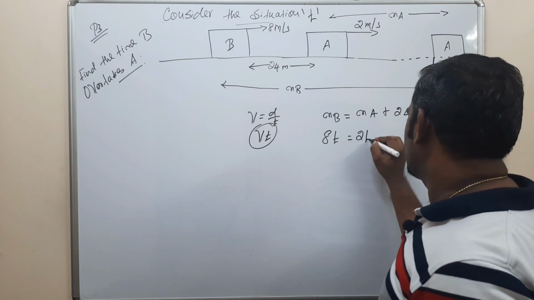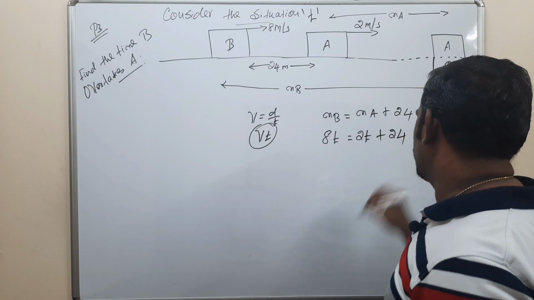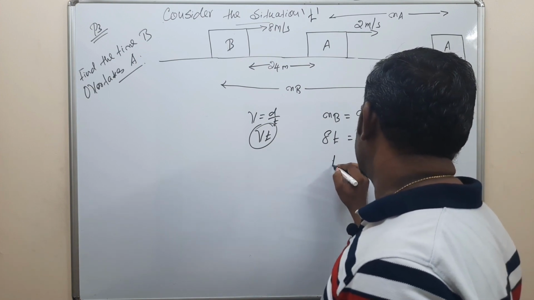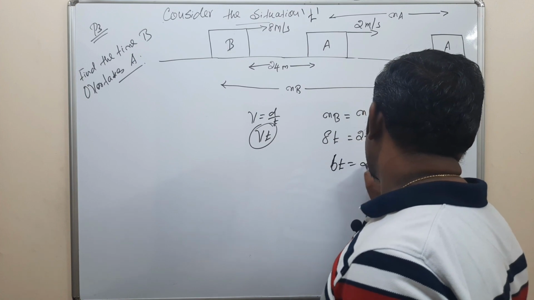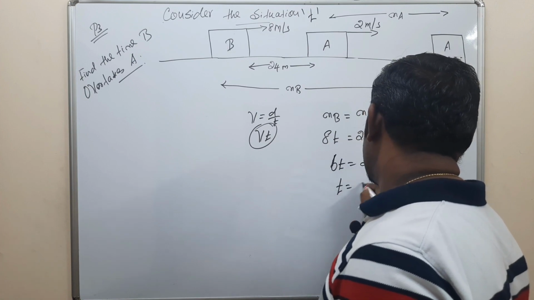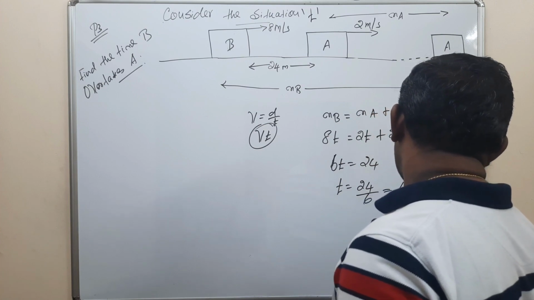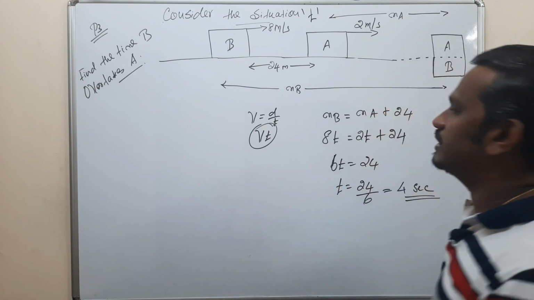So 8t minus 2t, that is 6t, is equal to 24. So t is equal to 24 by 6, that is equal to 4 seconds. So that is the answer.